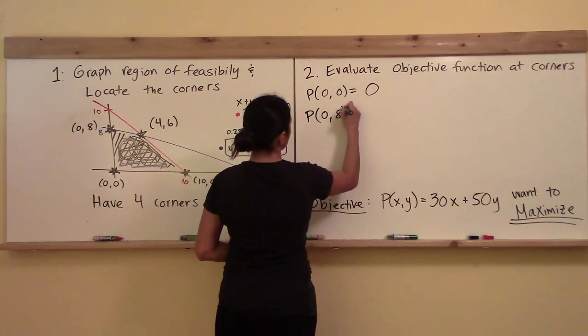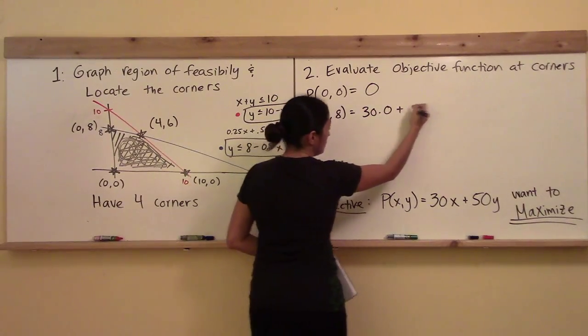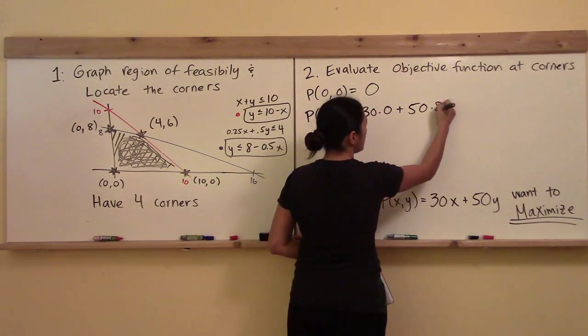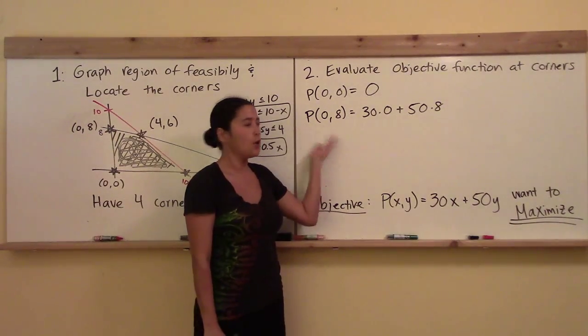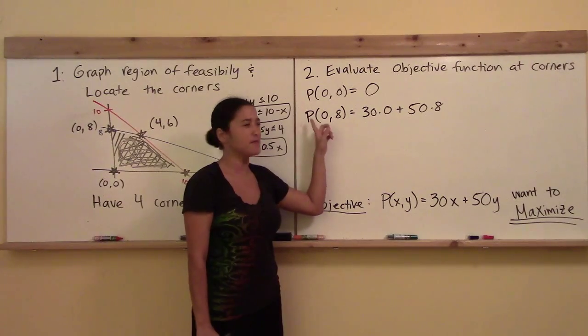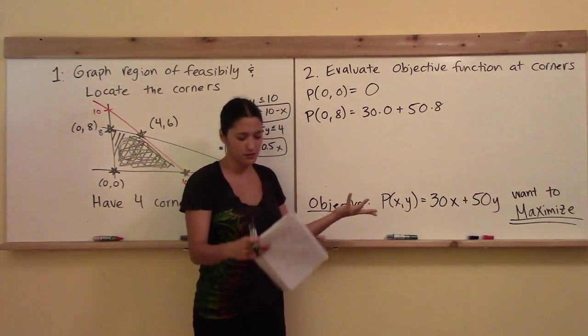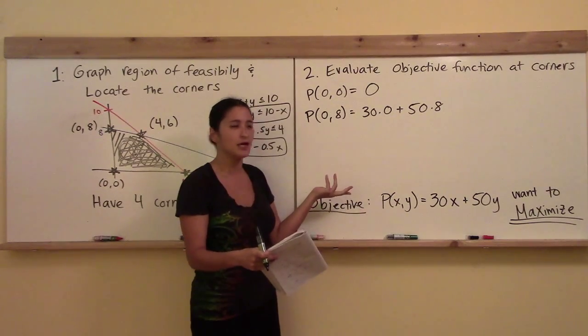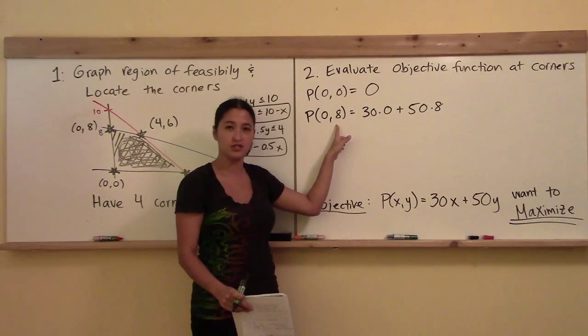Let's say x equals 0 and y equals 8. That would be 30 times 0 plus 50 times 8. Okay, quick check of understanding right now. What am I talking about? What does it mean to be at the corner 0, 8? Do you know what that means? Okay, so going back to my definition, it seems like I've defined the y variable as the number of fancy packages I make.